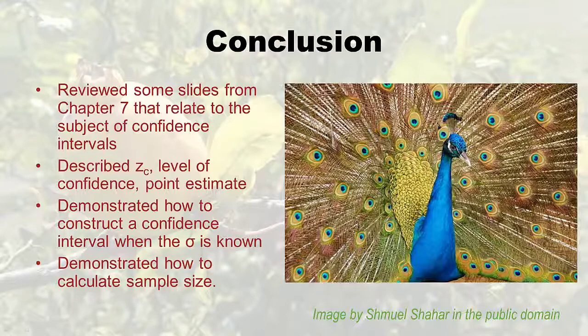Let's actually construct a confidence interval when the population standard deviation is known. And so I did one of those for you. And then we did an example of how to calculate sample size in case you are getting ready to do a study and you need to figure out how many people you need in it based on the population standard deviation you have and your choices of confidence level and of the size of E.